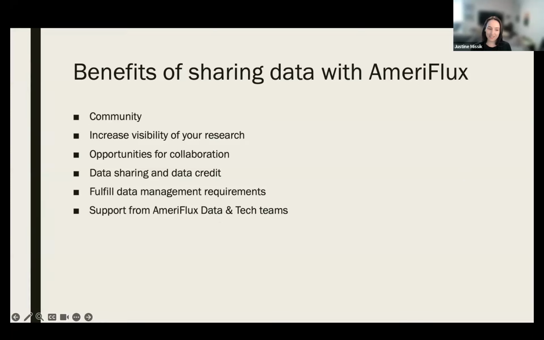Nowadays, it's not so common that you'll be able to get away with not publishing data with your paper, and having data published in AmeriFlux is an easy way to take care of that.